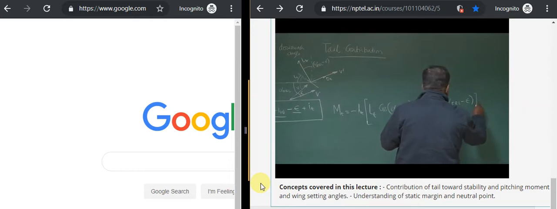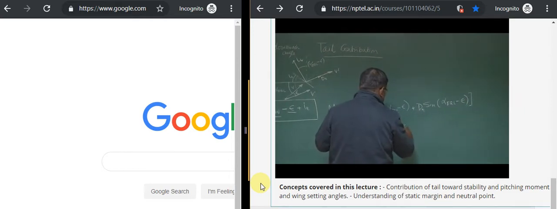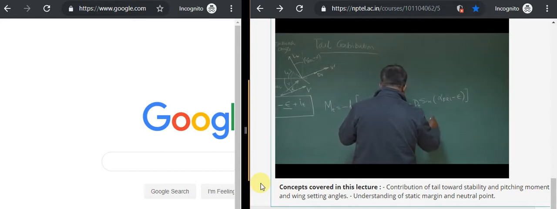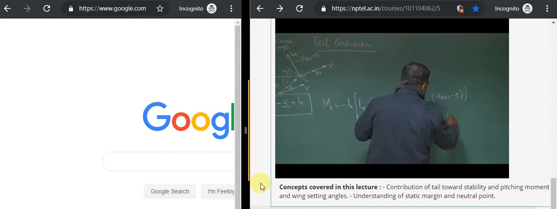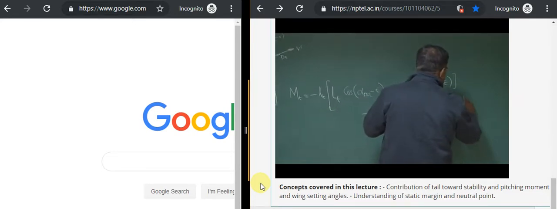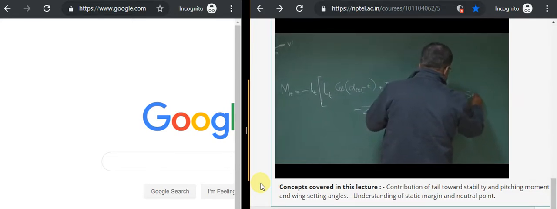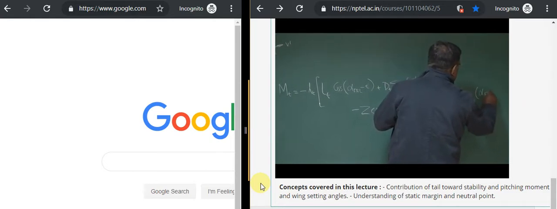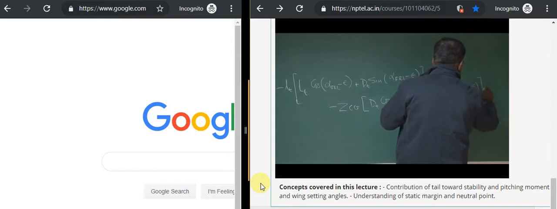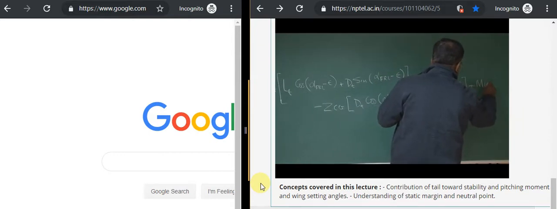And then we have another term, minus, I'll explain that, wait for a minute: D tail cos of alpha FRL minus epsilon minus LT sine of alpha FRL minus epsilon, plus MAC tail. Let's see what it is.